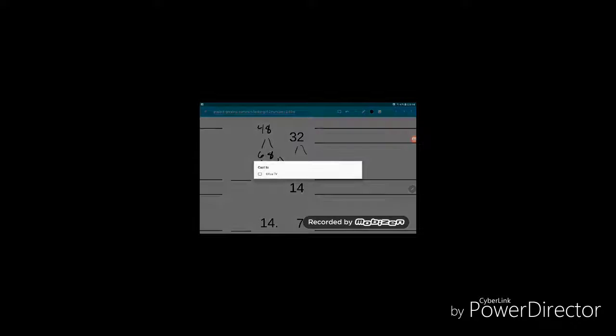Just a couple more. 48 and 32. 48. Break it down for me. Any factors? Very good. 6 and 8. 6 breaks down to 2 and 3. 8 breaks down into 2 and 4, 2 and 2.